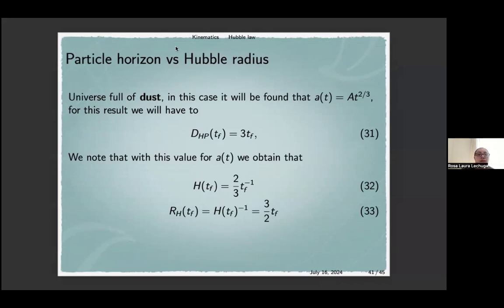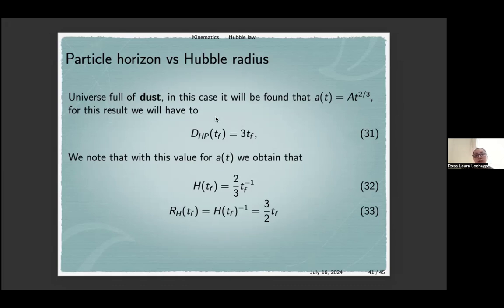So if the universe is filled with dust, you can get from the Friedmann equations that the explicit form for A is this quantity. This capital A is only a constant, and this is the physical time.